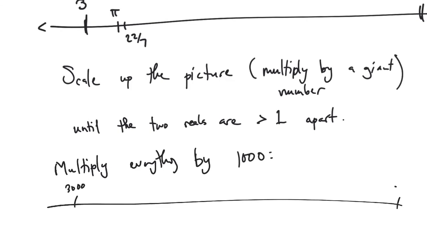Pi becomes 1,000 times pi, which in decimal digits is 3141.59, right? And then that number, 22 over 7, I'll move it over just because I can't fit it there. 22 over 7 now times 1,000, whose decimal digits are now 314, I don't remember, 2.85. These are the digits that I wrote before, all right?